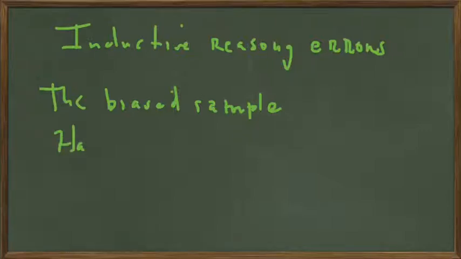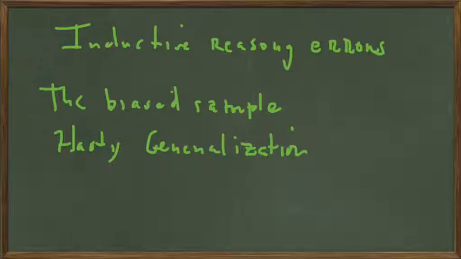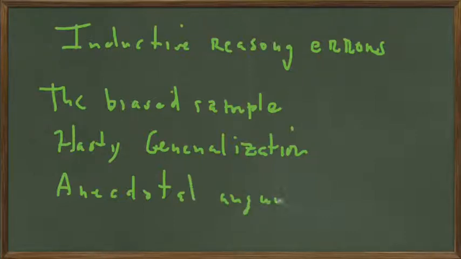We make a hasty generalization, which is, we see an instance or two of something occurring, and we generalize that something will always occur when we do not have sufficient information to make that generalization. We make anecdotal arguments, which is pretty similar to a hasty generalization. We provide a few examples, and then we conclude that those are representative examples.